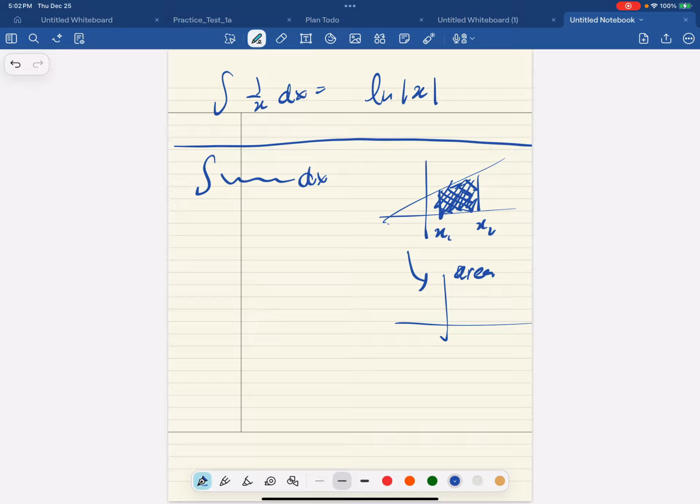So you can do the area function of the entire previous one. In this case, it will look like that. So that's the area. This area will turn into that one, that one will be slope. It's like a slope-area relationship.